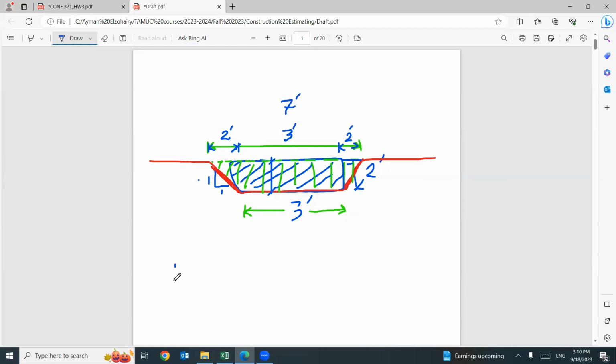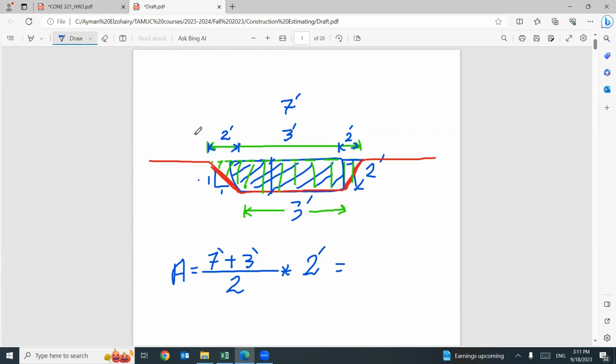So the area of this trapezoid will equal the top width, which is 7 feet, plus the bottom width, which is 3 feet, divided by 2, times the height between the two widths, which is 2 feet. That makes sense? This is the cross-section that I need to excavate.